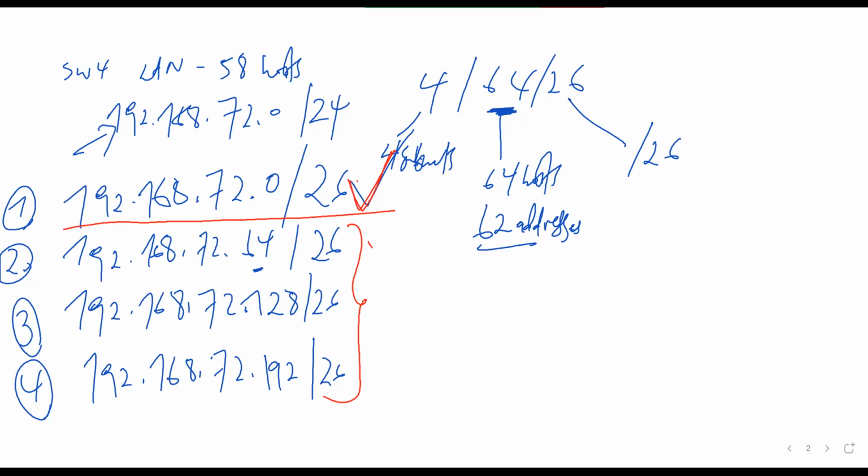Meanwhile, let's take this address. I'm going to create another table, so that it's easier. We need a table like this one, where we have the network. Let's start here.